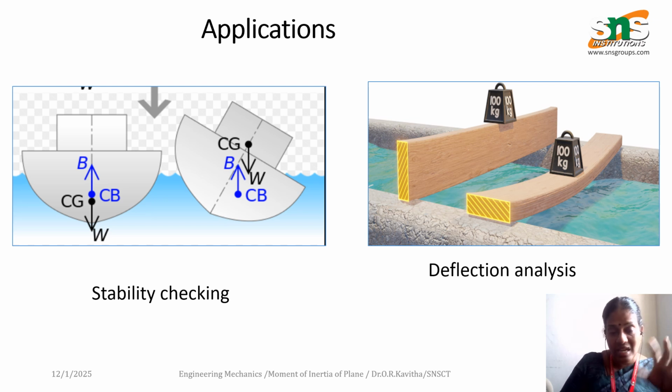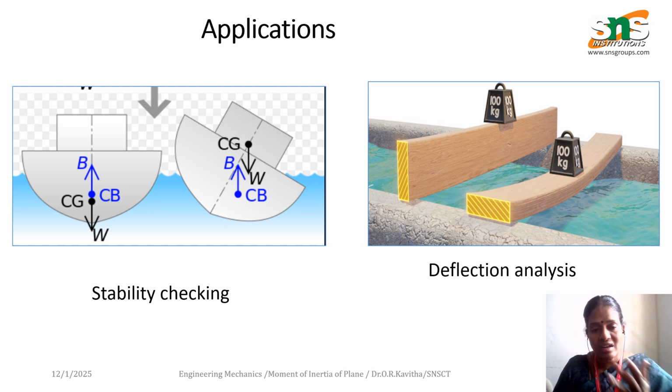Then the boat will be stable. But here you can see that in this position the boat is not in a stable position. This is because the point of buoyancy and the center of gravity do not share the same line of action. Therefore, this boat will not be in equilibrium.